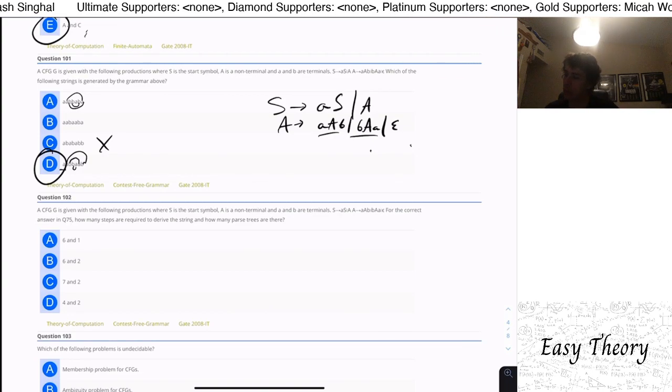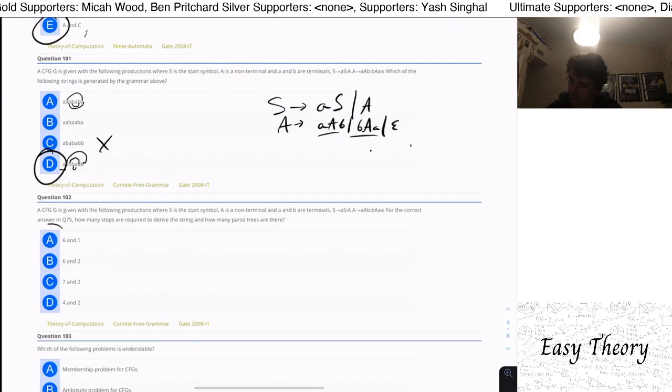And it's always generating the ones at the front and the end, so you can't actually cheat your way here. And there's only one variable. How many steps were required? Well, we needed 1, 2 to get the A, 3, 4, 5, 6. Yeah, so 6. So it's this one.